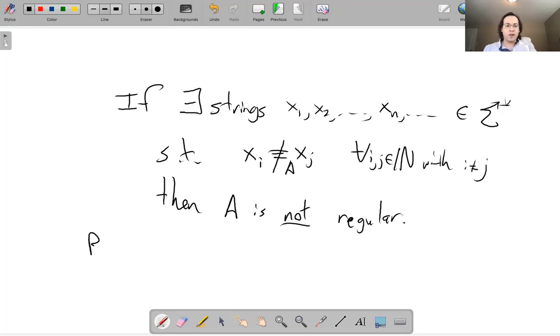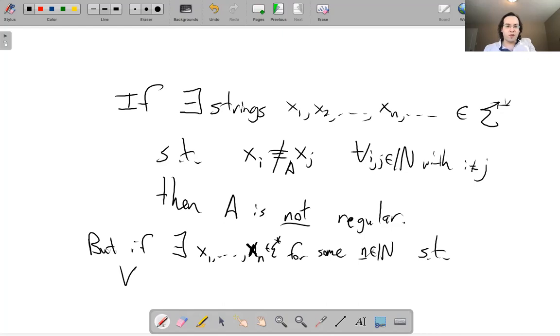But if there exists a finite sequence, so if there exists x1 up to xn, a finite number of them, in sigma star for some n in N, such that for all y in sigma star, for any string that you pick in sigma star, there exists i such that y is equivalent to xi.